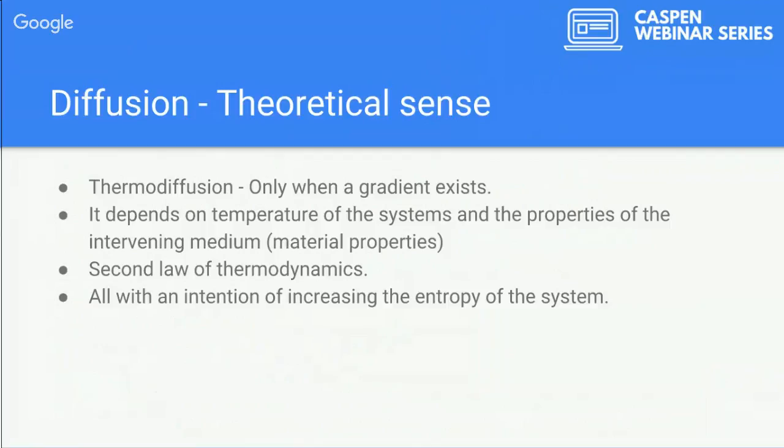Doing a diffusion study of one dimension in the general sense follows the second law, where the entropy of the system occurs in such a way that it gains.